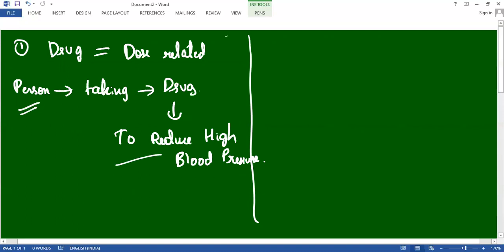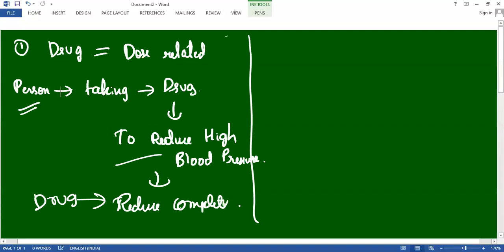But in some cases, the drug may reduce it completely low, and again this becomes a problem. This affects the body. It is going not to some extent, but completely low. So this is one of the issues.